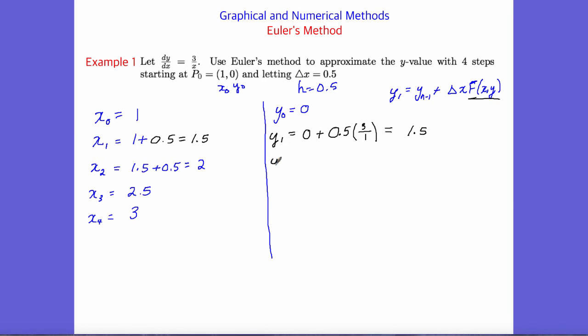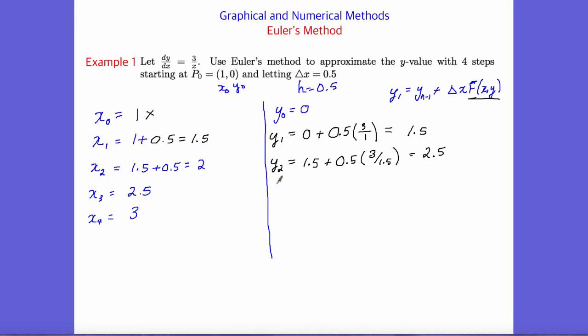So y sub 2 now, we're using previous values, so we're going to have 1.5, there's your previous term for y, plus the 0.5 stays the same. And now instead of using 1, we've already used this one, we're going to go down to use 1.5, so it's going to be 3 divided by 1.5. I put this into the calculator, I get 2.5 here.